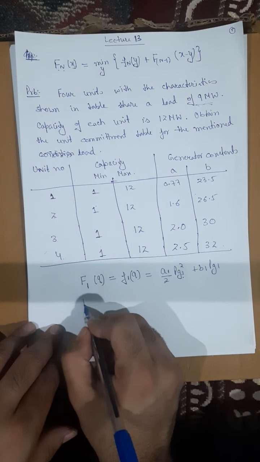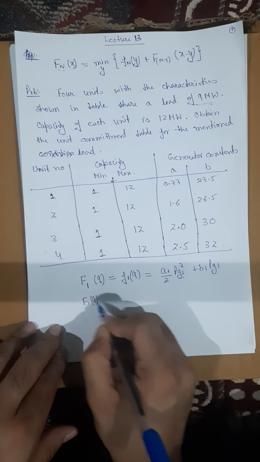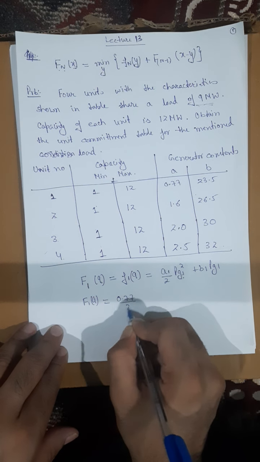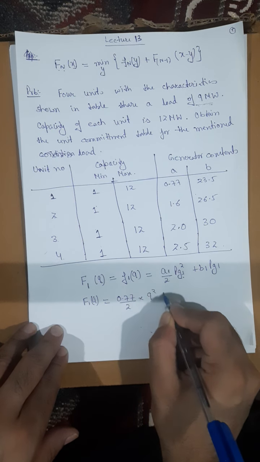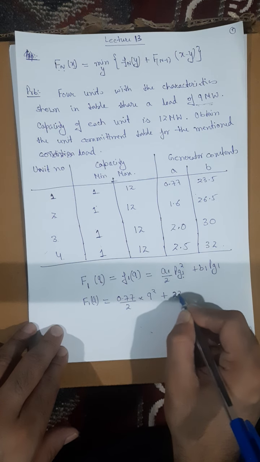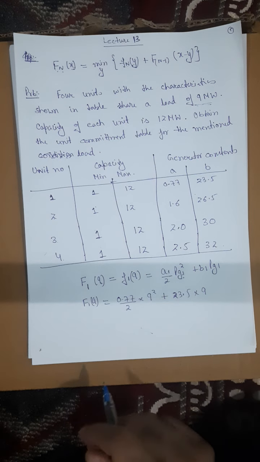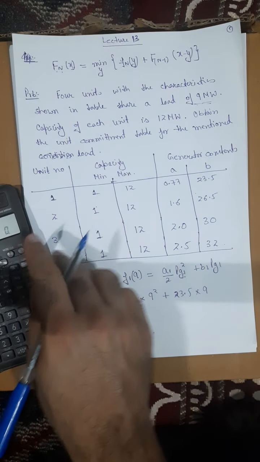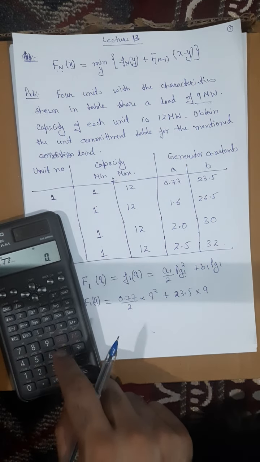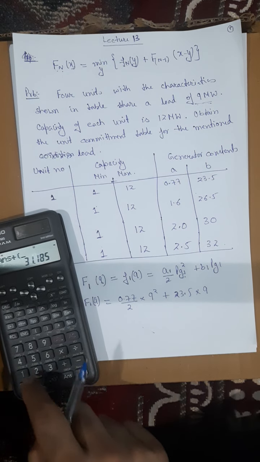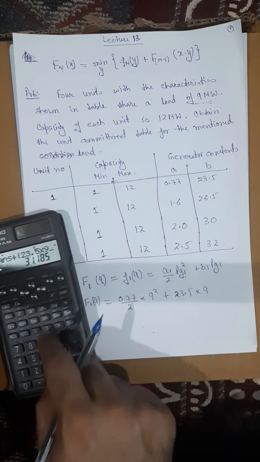F1(9) is equal to 0.77 divided by 2 multiplied by 9 squared, plus 23.5 multiplied by 9. So this is 0.77 multiplied by 81 divided by 2, plus 23.5 multiplied by 9.